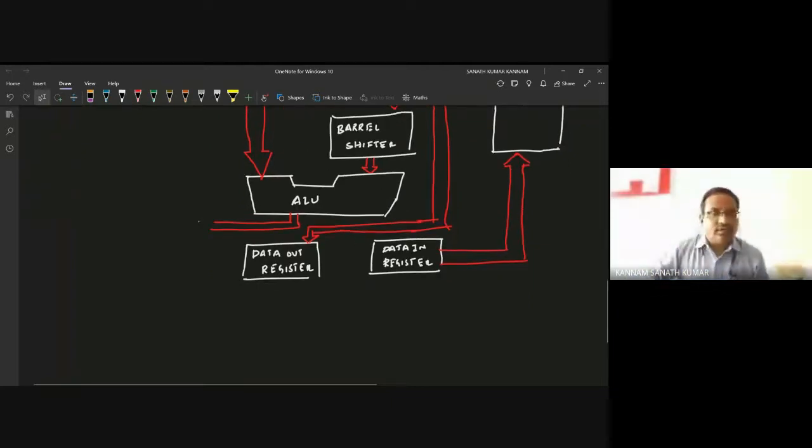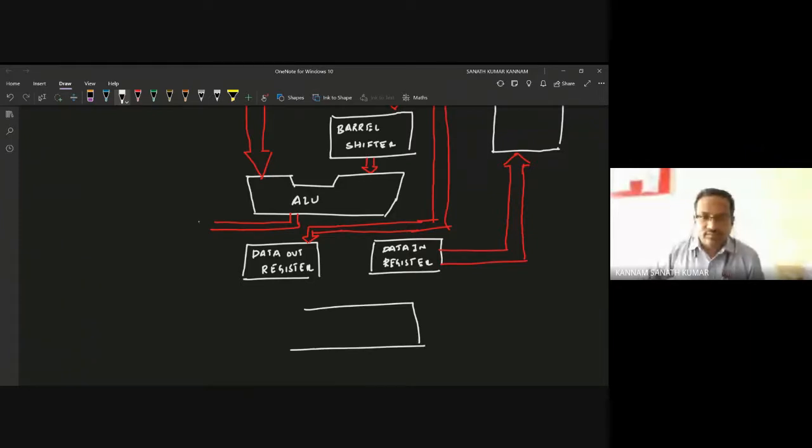So here you have the data bus. The data bus is 32 bits, from D0 to D31.